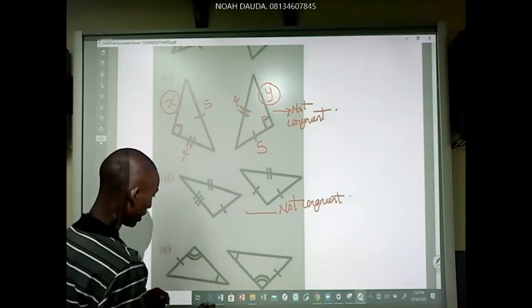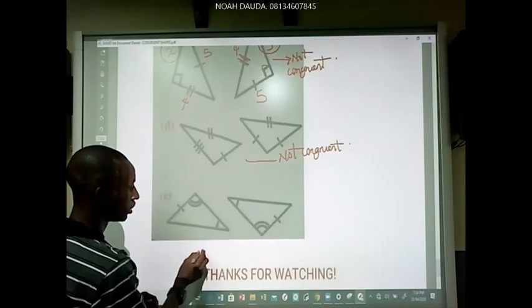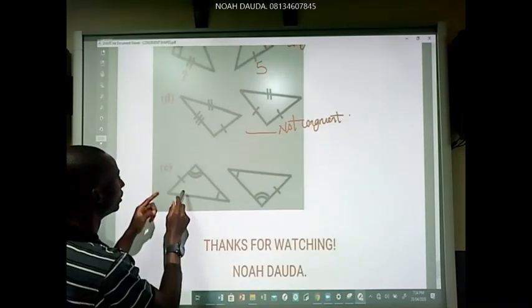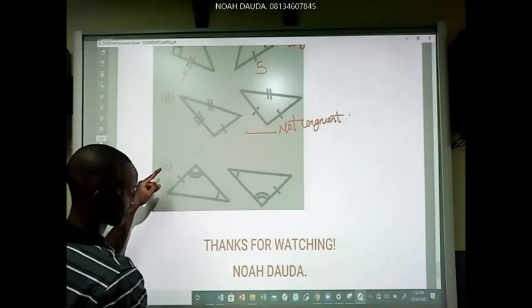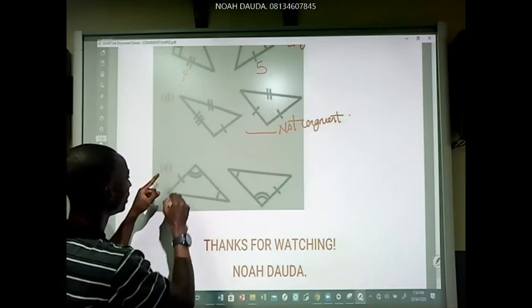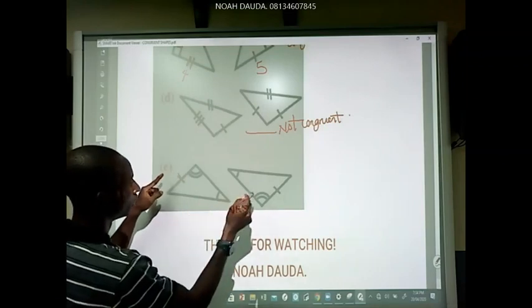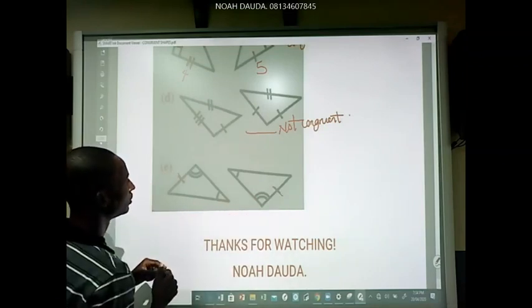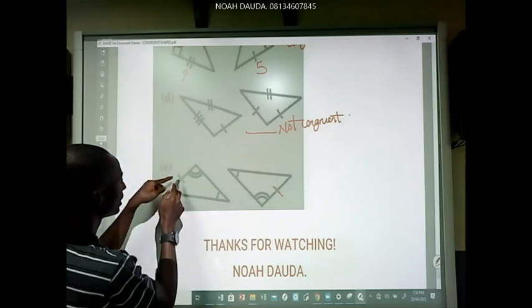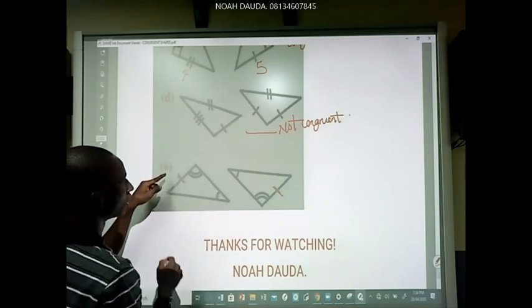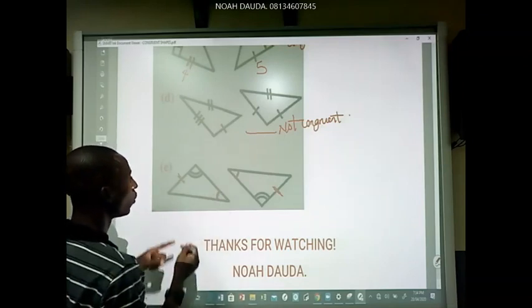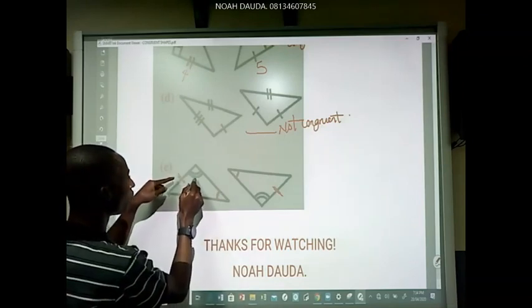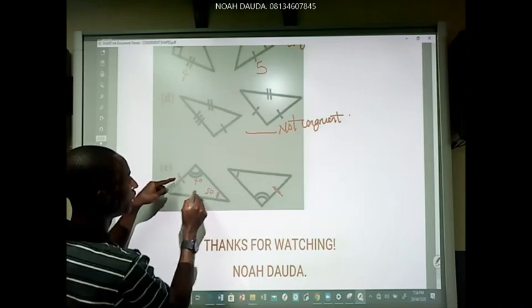And let's take a look at the final one, which is the E. And what does it say? We have a single side here. We have also a single side here. Do not forget that this single side is facing a single angle. This single side is facing a single angle. So if this angle is 40, here is also 40, and here is 50.